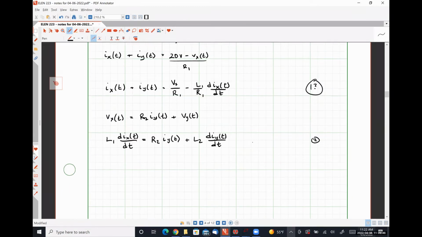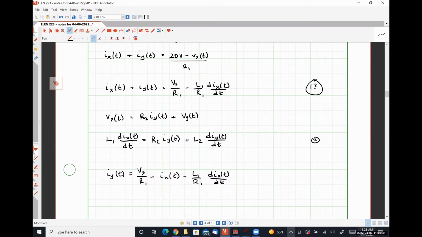So by that, I mean I'm going to leave Iy by itself. So I'm going to have Vs over R1 minus Ix minus L1 over R1 dIx by dt.